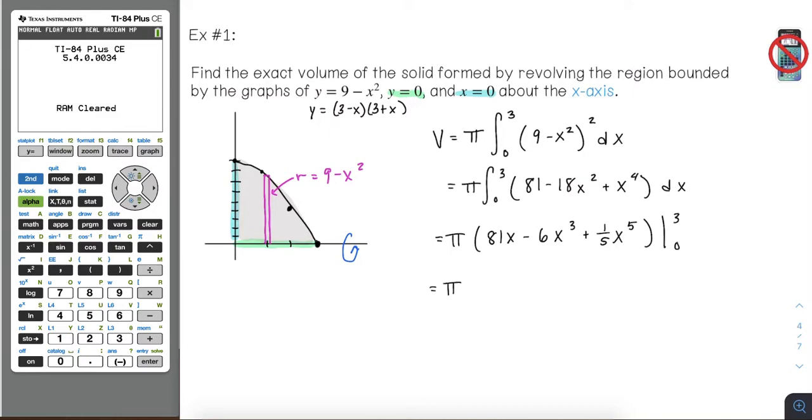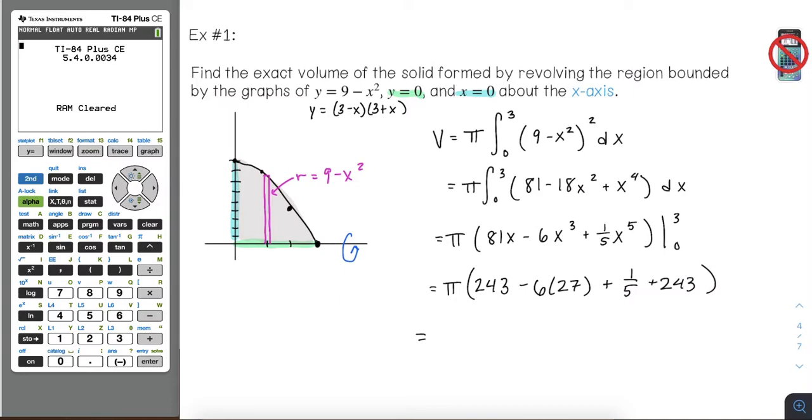So all of the zeros are going to cancel out. So then 81 times 3 is 243. 3 cubed is 27, and 6 times 27 is 162. And then 1/5 of 3 to the 5th. That is 9 times 9 times 3, so that's also going to be 243.